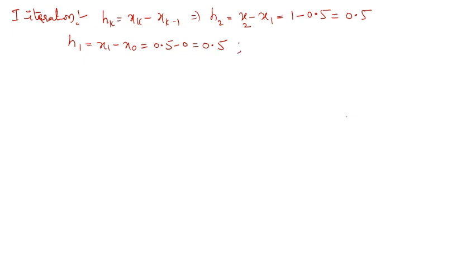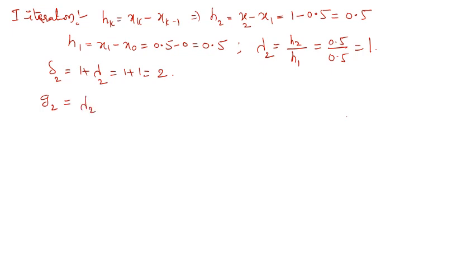Next, what are the required values? Lambda k plus 1, that is lambda 2, h2 by h1. Lambda k equal to hk by hk minus 1. Using that, lambda 2, h2 by h1, 0.5 by 0.5, this value is 1. Then delta 2 equal to 1 plus lambda 2, 1 plus 1, 2. Next value, let us find g2.